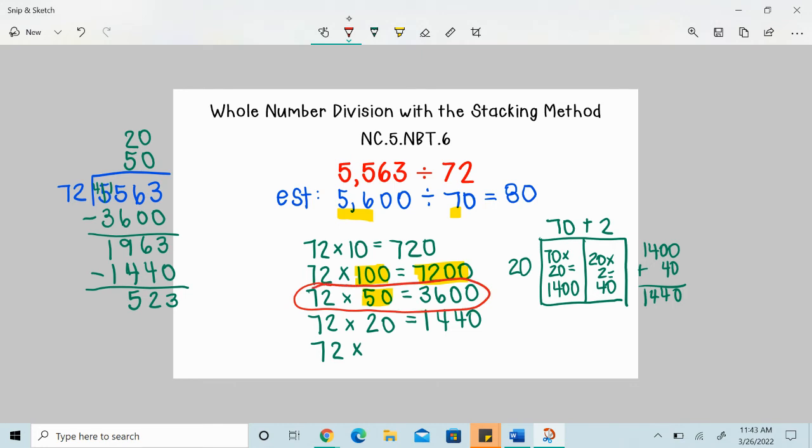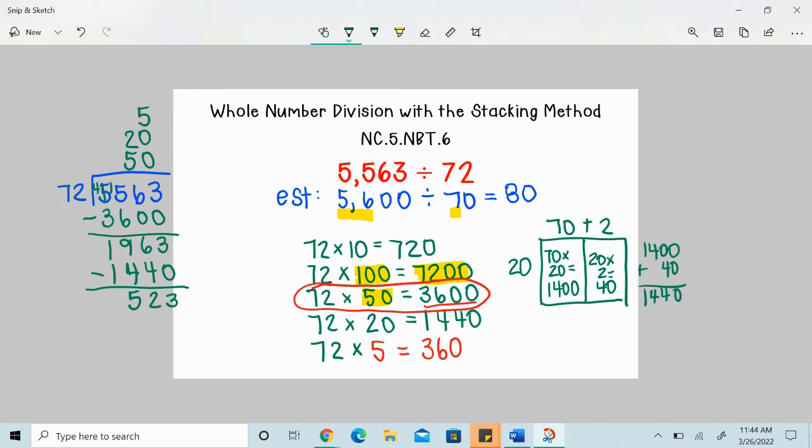Well, I'm thinking that if I try 72 times 5, I know 5 is 10 times less than 50. So 72 times 5 is going to be 10 times less than 3,600. It's going to be 360. And I can see that I can subtract 360 from 523. So that means I'm going to use 5 as my next partial quotient.